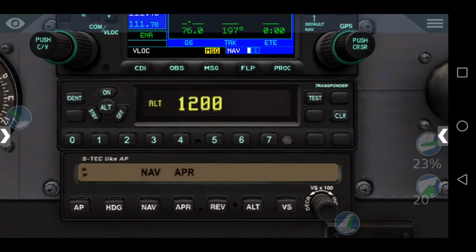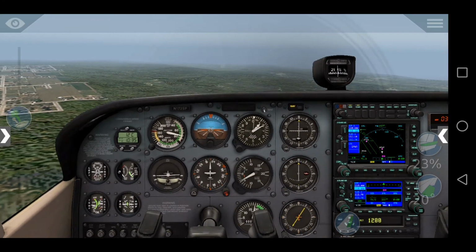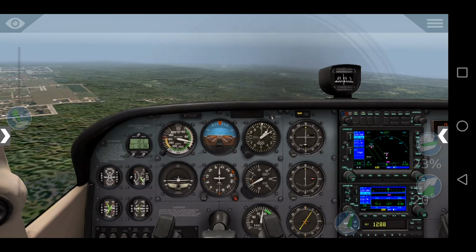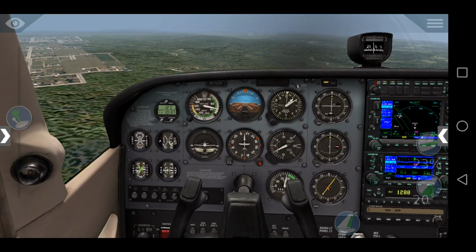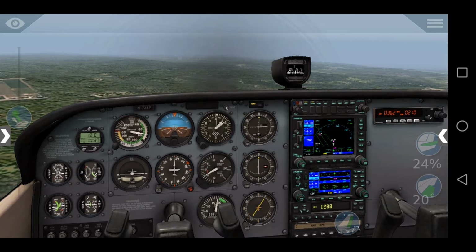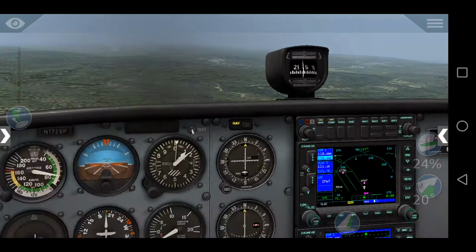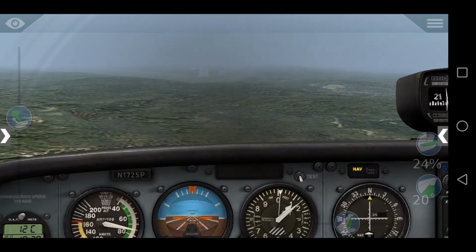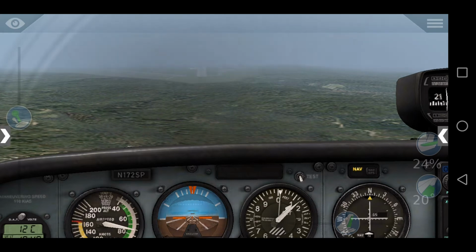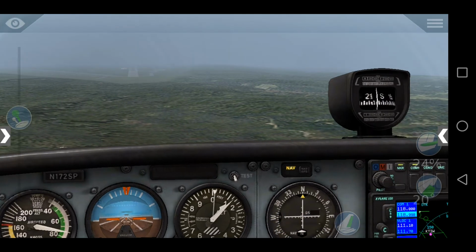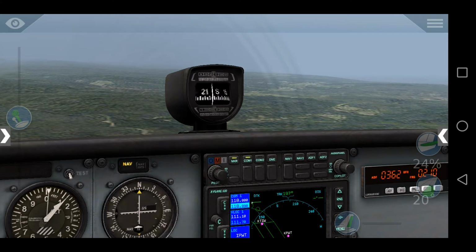Now transponder is set to altitude and flaps are set, landing lights are on, and everything is pretty much set for a landing. We're coming on to 1,000 feet, and I'm starting to get slight visibility of the runway straight ahead of me.